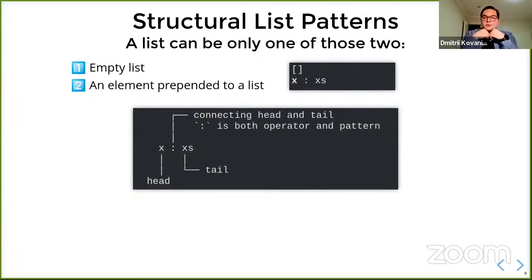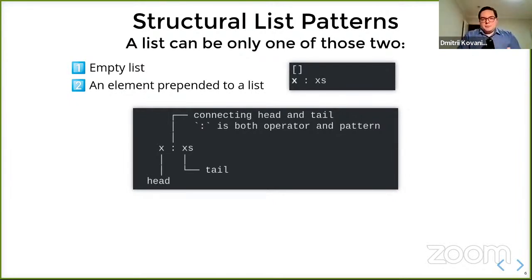And this colon operator, which we use to add elements at the beginning of the list, can be used as a pattern, like a structural pattern. The element on the left side of this pattern is called the head of the list. Usually the name is X. And the variable on the right side of this pattern is the tail of the list. It has a type list and all other elements without the first. It's called XS.